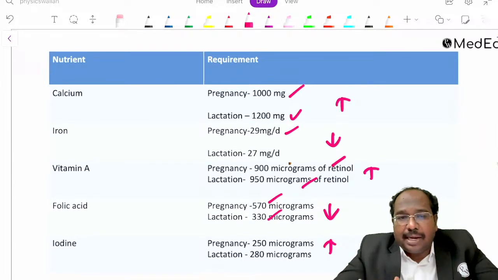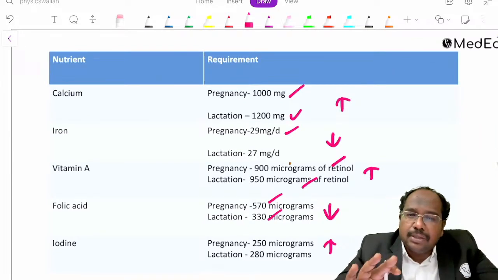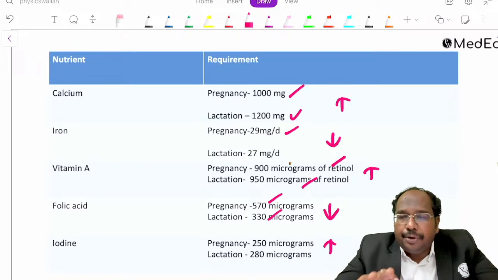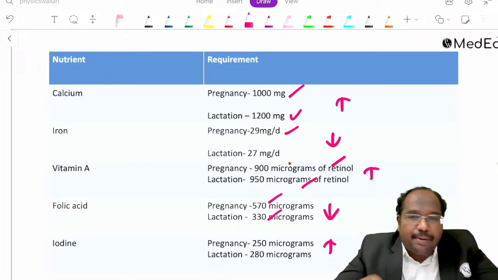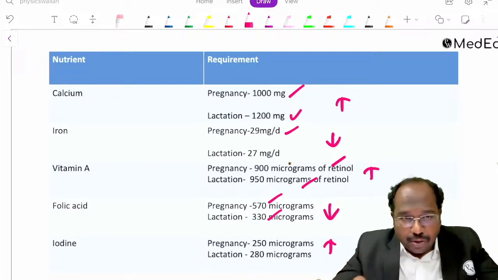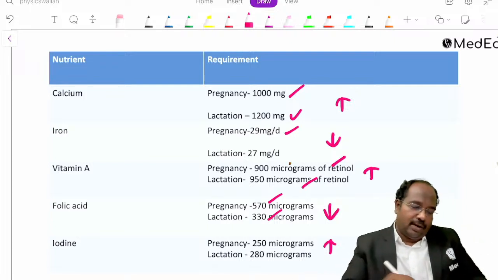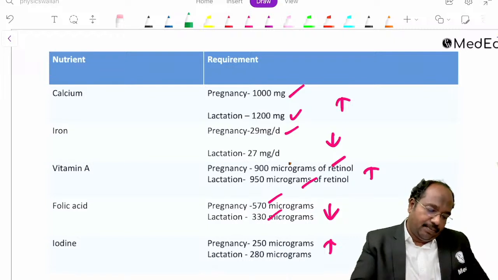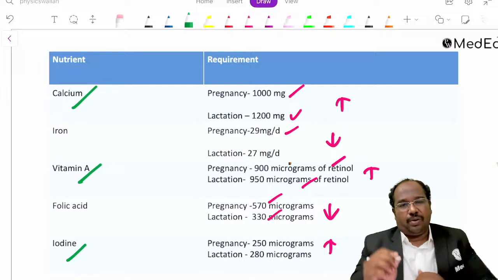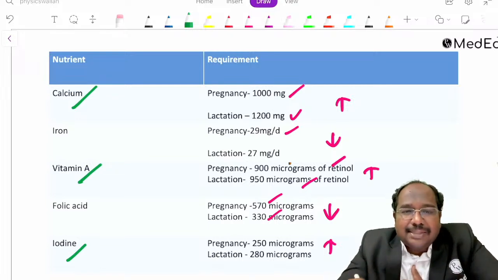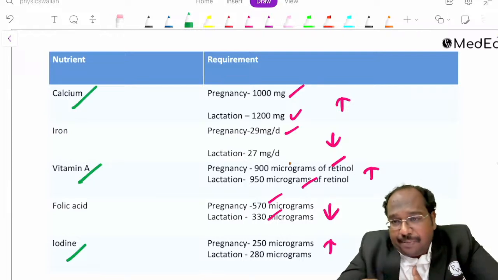Compared to pregnancy, during lactation the requirement is 150 micrograms, during pregnancy you require 250 micrograms, and in lactation you require 280 micrograms. So when it is more, only three we saw: calcium, vitamin A, and iodine. But as such we don't take supplements for vitamin A and iodine, but calcium we may take.